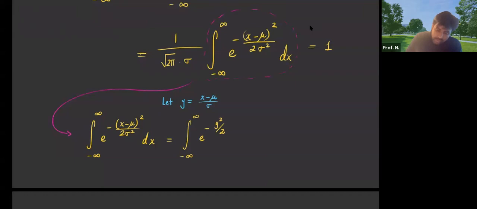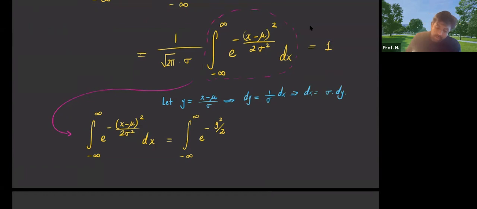And then if you look at dy, what is dy? dy is 1 over sigma dx, which would mean that dx is equal to sigma times dy, right?